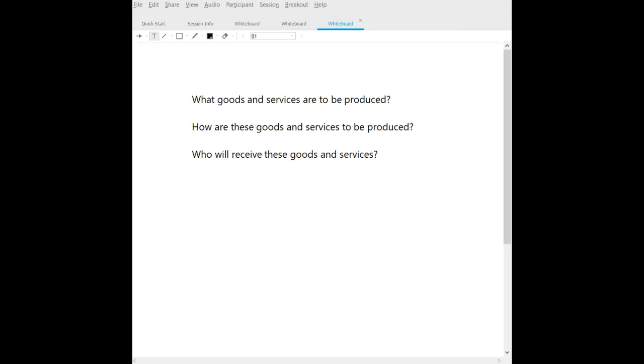In capitalist or market economies, if you will, private individuals and firms own most of the resources, as opposed to a planned economy. You've definitely heard of this, like a socialist or communist government or economy. In these systems, most of the productive resources are owned by the state, and most economic decisions are made by a central government.